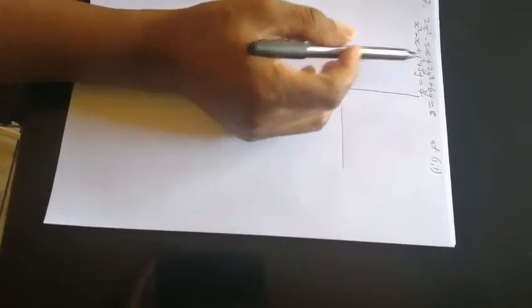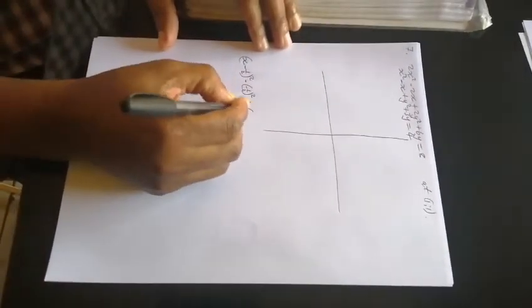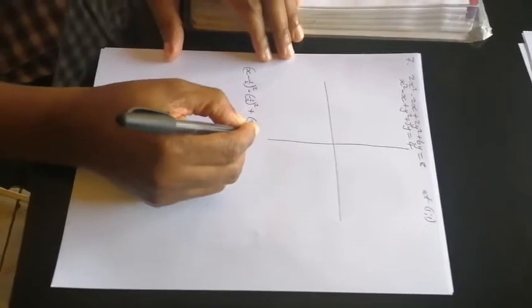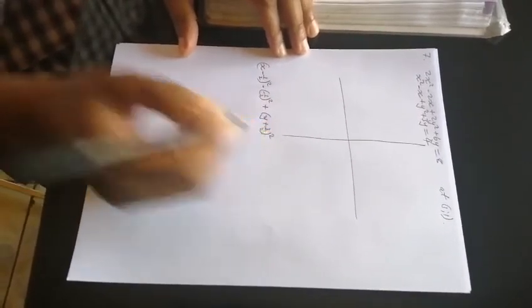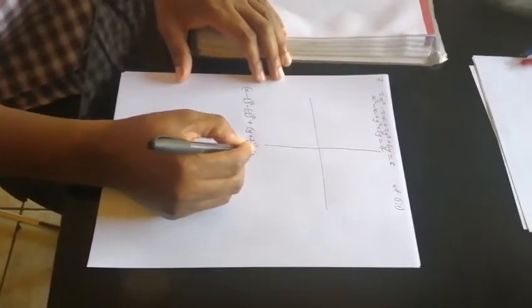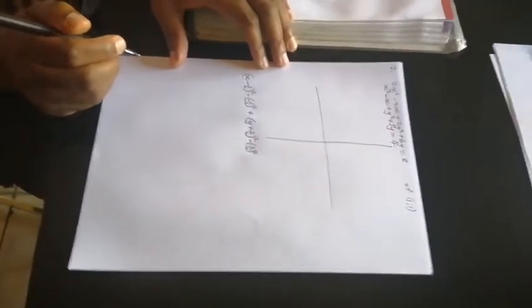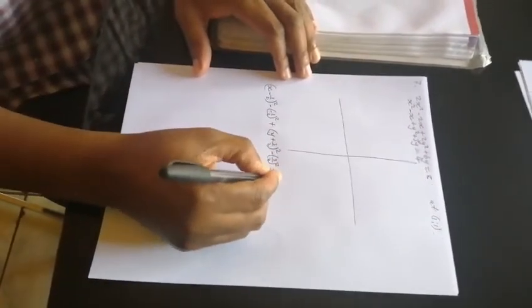Then you also complete the square on y. We divide the coefficient of y by 2. You have 3 over 2. So you shall have y plus 3 over 2, squared. Then we subtract the square of the coefficient of y divided by 2. And this is equal to 4.